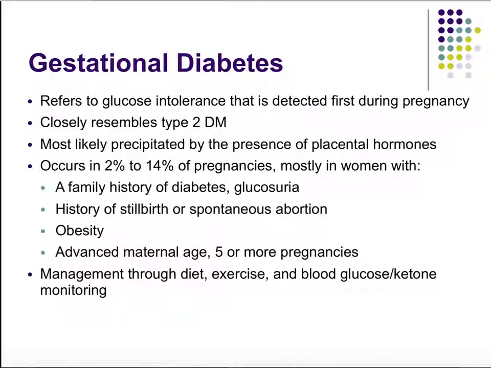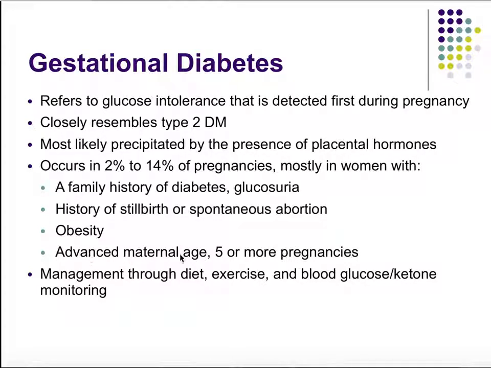And it's mostly in women who have a history of diabetes in their family or glucosuria, who have a history of stillbirth or spontaneous abortion, who are obese. And you don't technically have to be obese; there's an elevated weight, there's actually a chart that goes into it, but overweight.